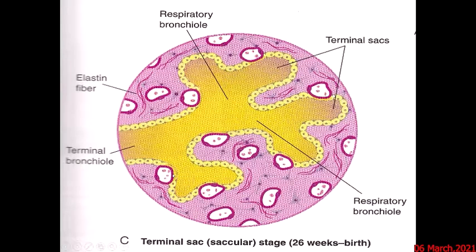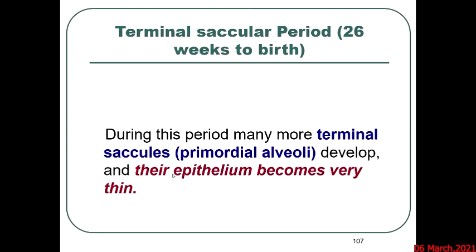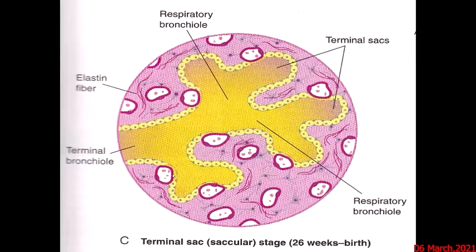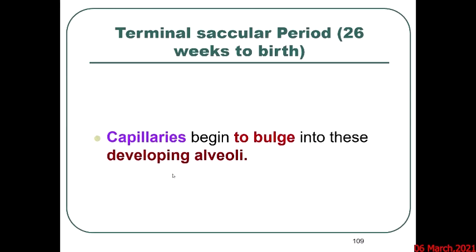So during this period, many more terminal saccules develop and their epithelium becomes very thin, that is simple squamous, and capillaries begin to bulge into these developing alveoli.